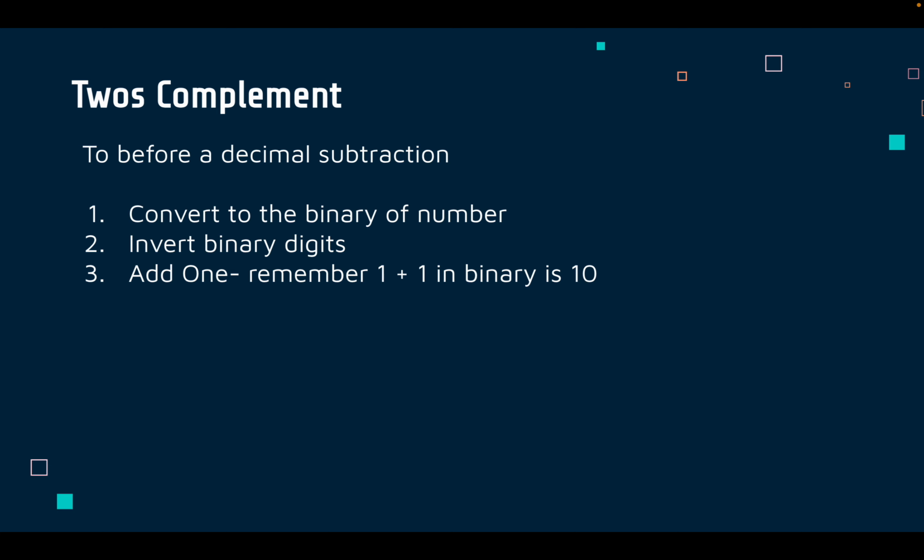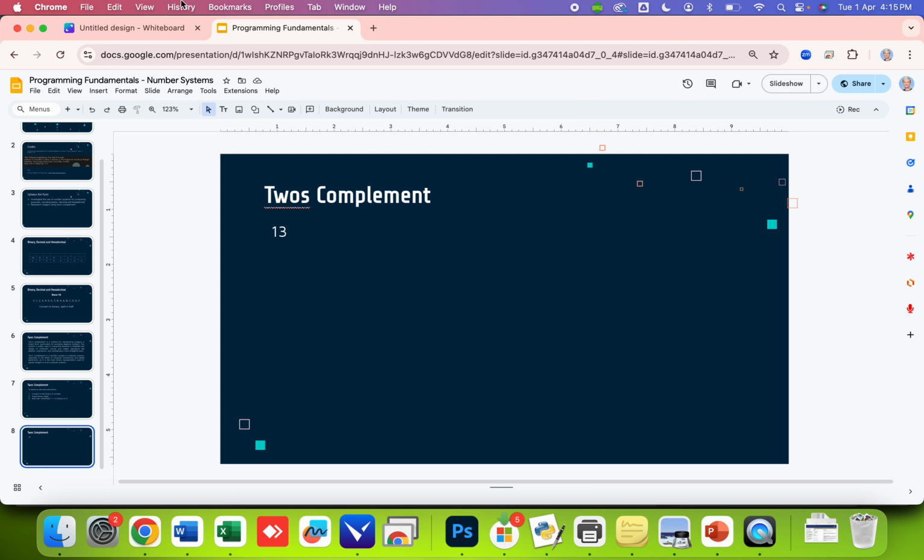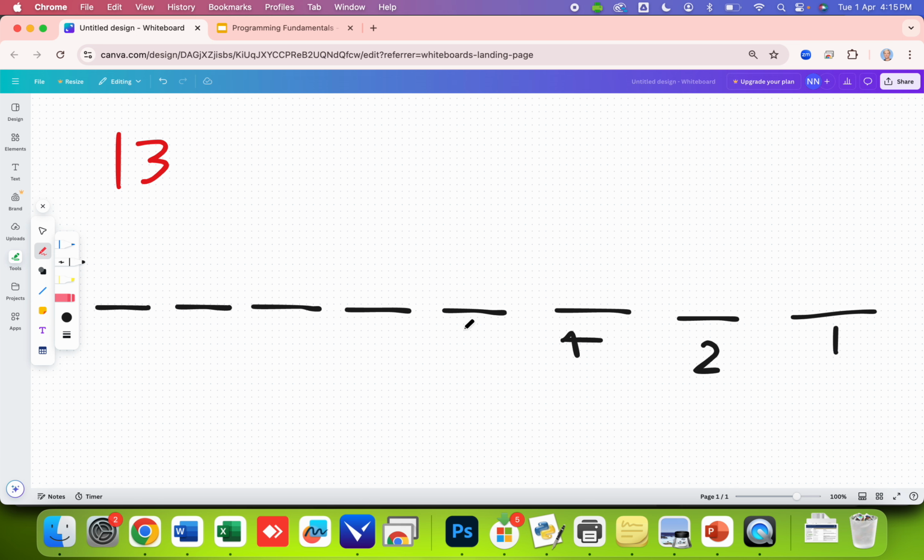I wanted to do the number 13. So here's the number 13. As I always draw down here, I'm going to do 1, 2, 4, 8, 16, 32, 64, 128.